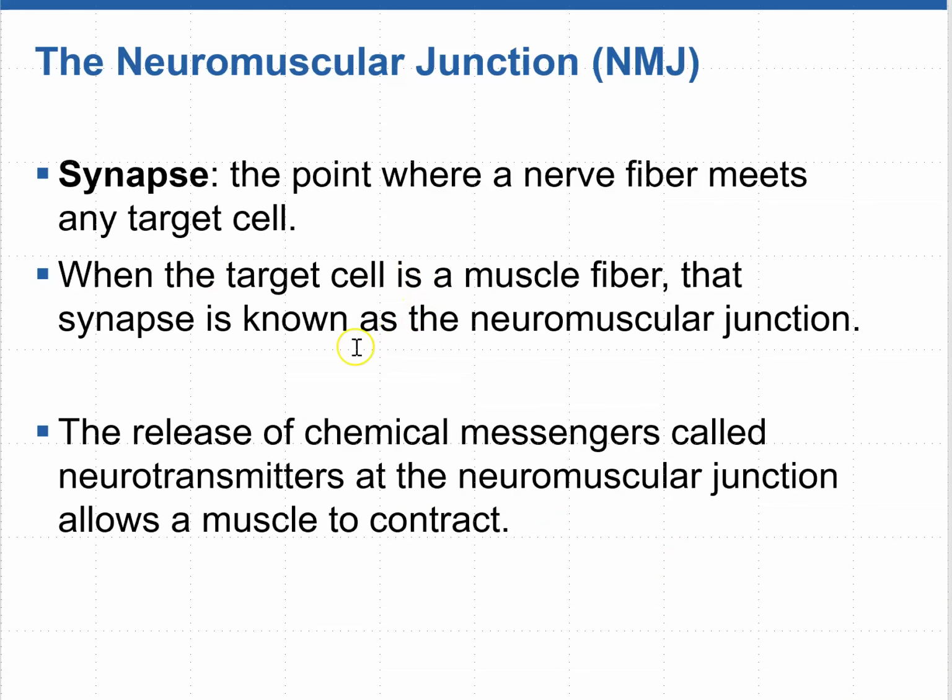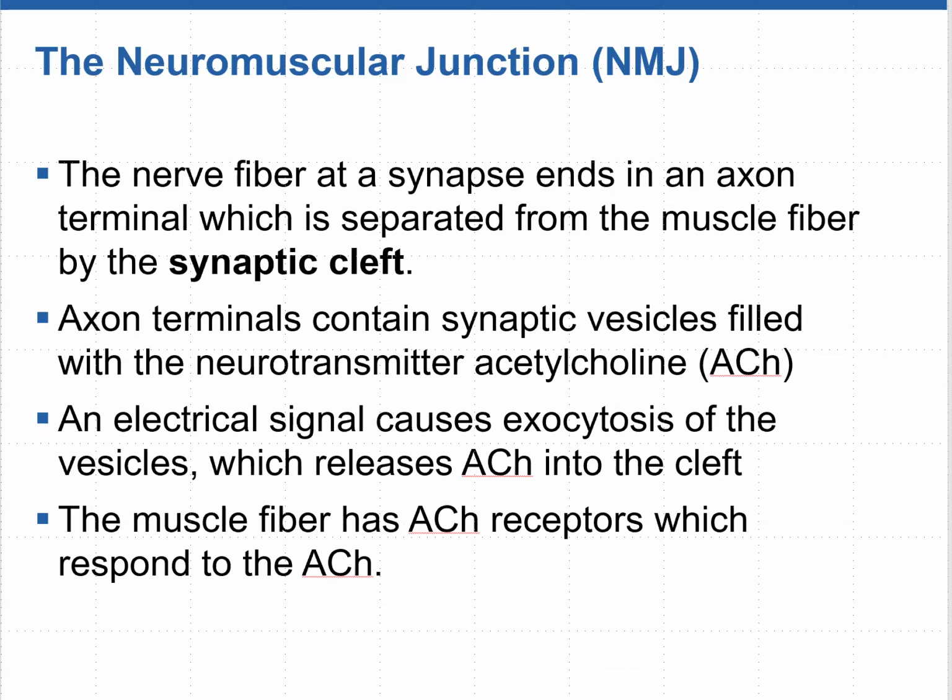So the neuromuscular junction contains a synapse. Now this is the point where a nerve fiber meets the target cell. When the target cell is a muscle fiber, that synapse is known as a neuromuscular junction. Now, in the process of muscle contraction, chemical messengers called neurotransmitters are released into the neuromuscular junction and provide a signal to allow muscle contraction.